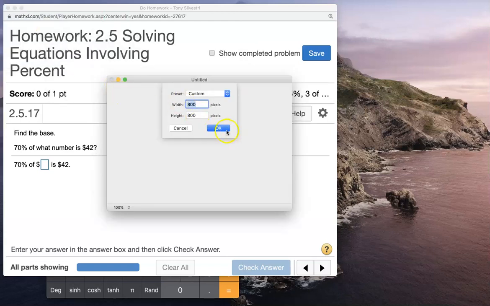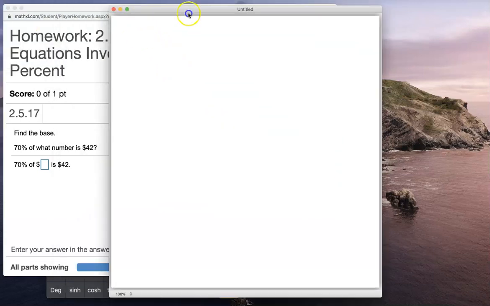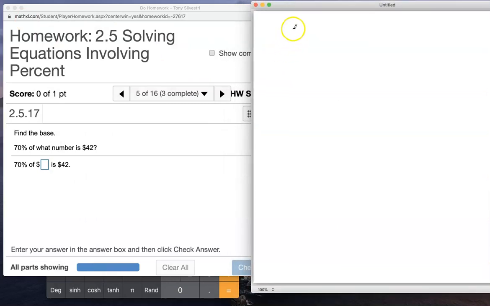So come over here. 70% of what number is 42? Get it? 0.70 times x equals 42.